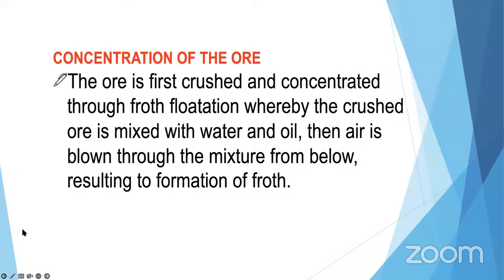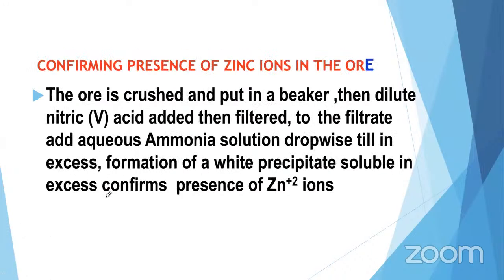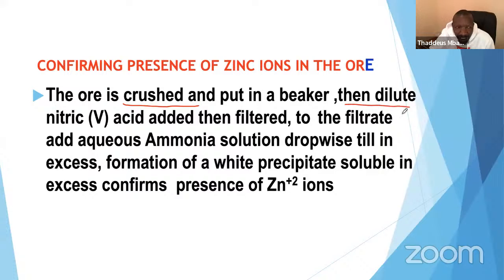I've said you crush the ore. After crushing, you add dilute nitric acid. Then you filter. This applies to all the ores except sodium. Make sure that is always the starting point.